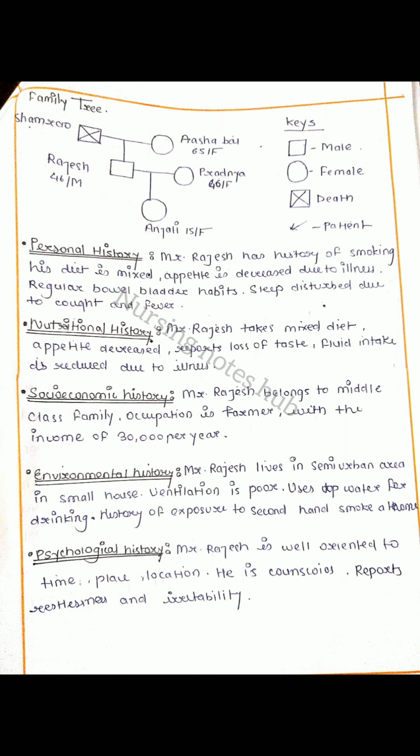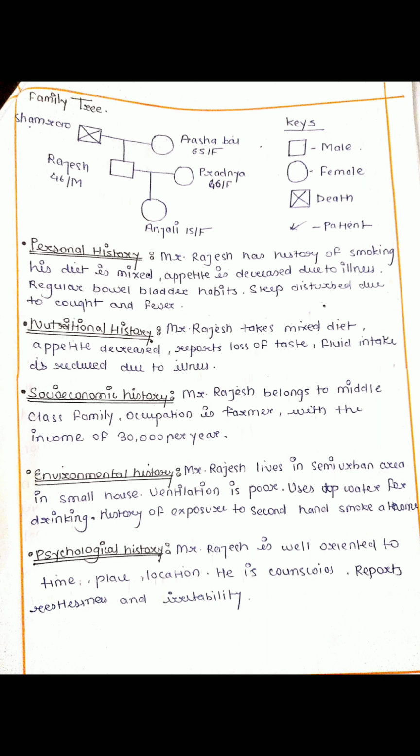Then comes a family tree, in which we have to make a tree of that family. The male is a square, the female is a circle, the deceased is marked with a cross, and an arrow indicates the patient. I didn't add an arrow to Rajesh, but there should be one. See, Shamrav and Ashabai are the parents of Rajesh. Pradna is his wife, and Anjali is his daughter.